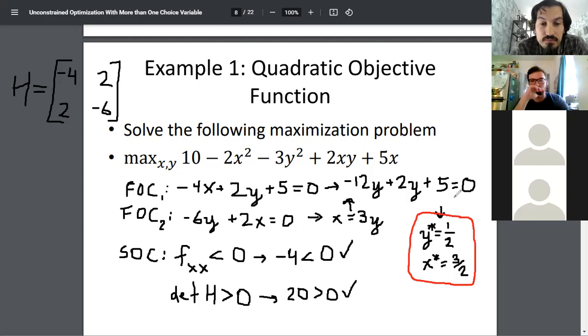Does anyone have any thoughts on how you could use some sort of intuition to know that what I've highlighted in red is a global max, meaning that there's no other way you could put in an x or a y and get a value that would be higher than the value you get at x equals 3/2 and y equals 1/2? But how do you know? Does anybody have any sort of intuition as to why that's the case?